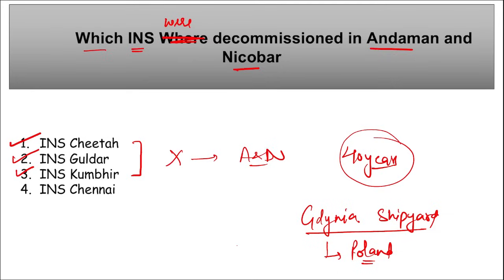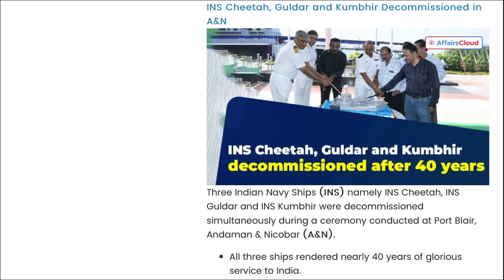These ships have traveled more than 17 lakh nautical miles, and they have spent more than 12,300 days at sea. Moving on. Here you can see INS Cheetah, Guldar and INS Kumbhir. They were recently decommissioned in Andaman and Nicobar Islands.